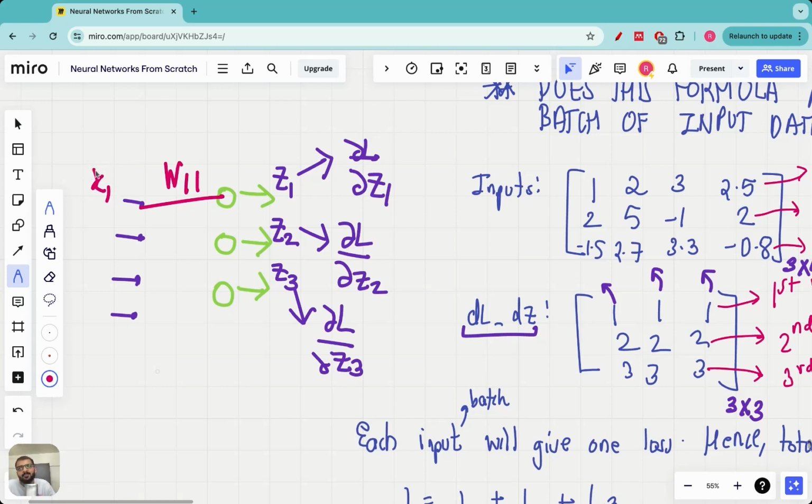But now there are three different input data batches. So then what will be the partial derivative of the loss with respect to W11 since there are three batches?